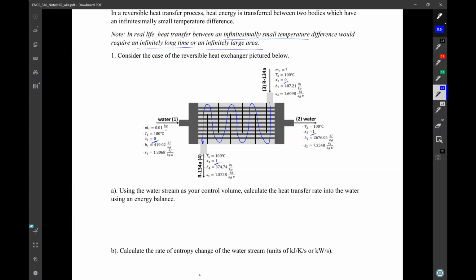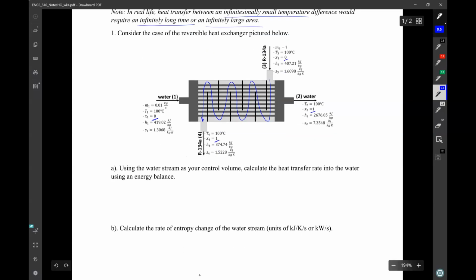So if we picture what's happening, let's start by using the water as our control volume and calculate the heat leaving the water or entering the water from the R134A. For this heat exchanger, we're going to skip the simplification step.